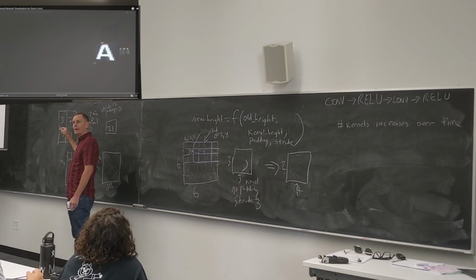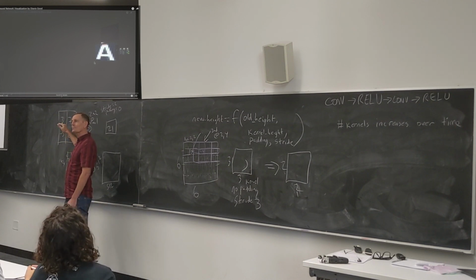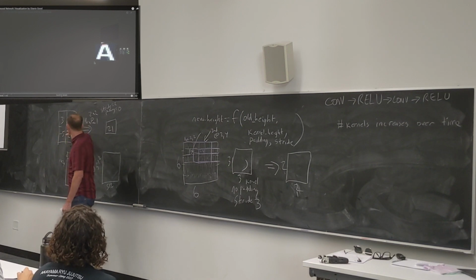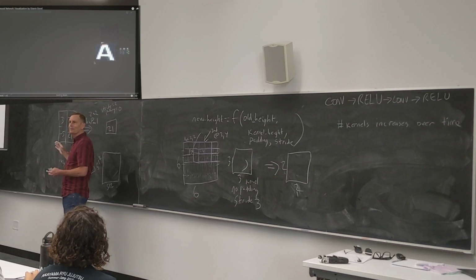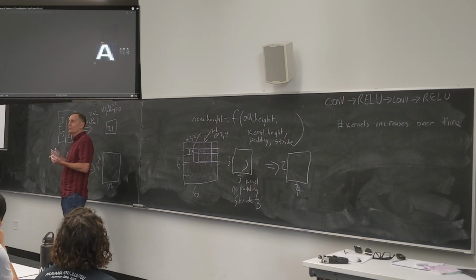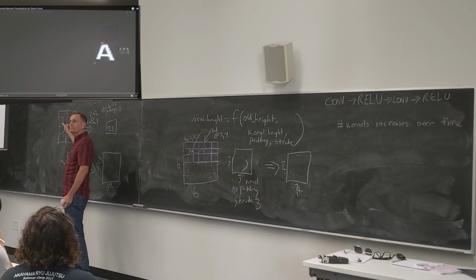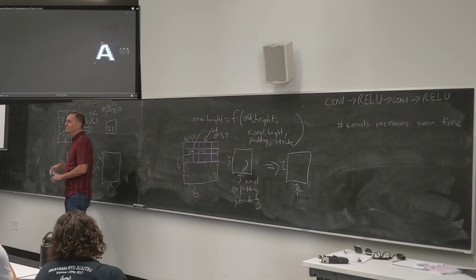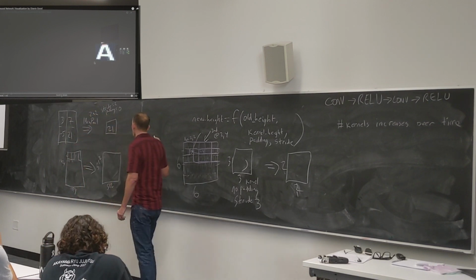Like, was there a horizontal line in here? And so max pooling captures that better than average pooling. Because in average pooling, if there was a horizontal line here, but not here, not here, not here, then we get not really a horizontal line. But we want to capture that there was a horizontal line somewhere here. And so the max does that.